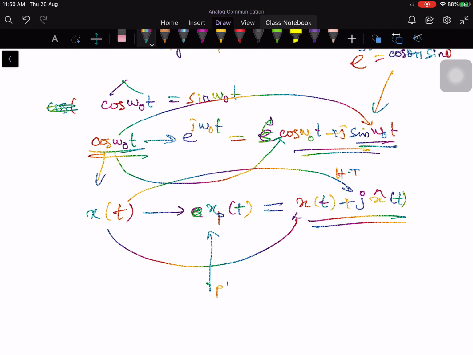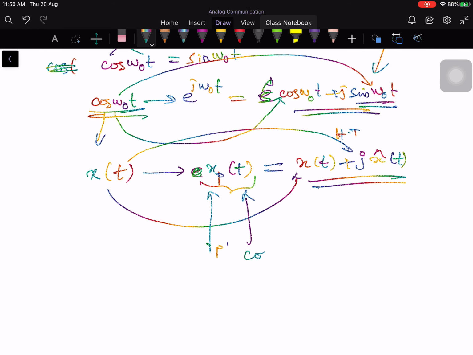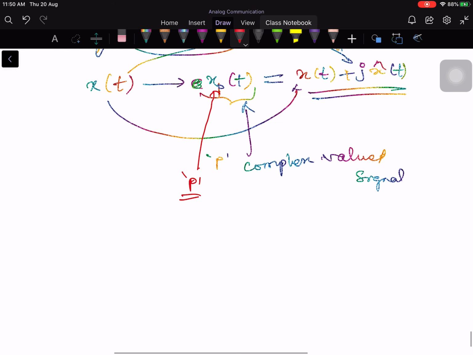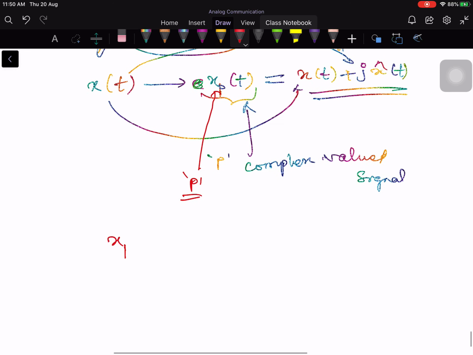Okay, therefore this is a complex valued signal. xp of t is a complex valued signal. There is a very specific reason why I put the suffix p here. Now xp of t is the complex valued signal and its real part is the same as the real valued signal with which we started.